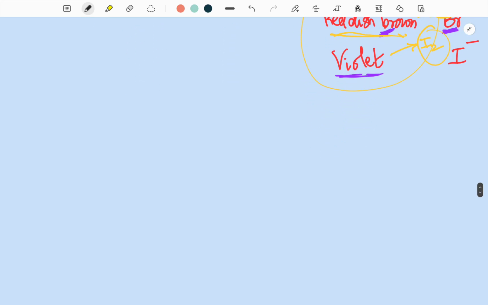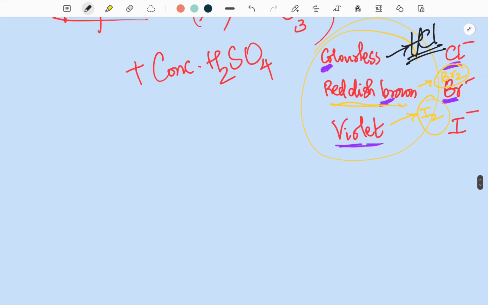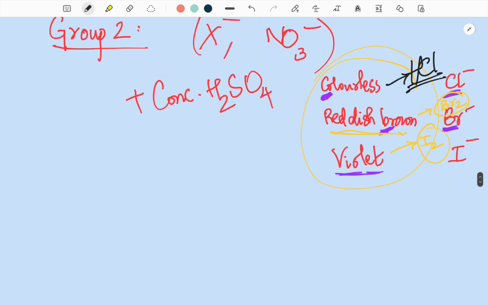Next you have nitrate ion. For nitrate ion, very important, please don't discard the substance in the test tube. Once you are done with the halide test, and if you are not seeing colorless or reddish brown or violet vapors coming from the test tube, then please don't discard the test tube, because you need to do the nitrate test with this concentrated H2SO4 in it.